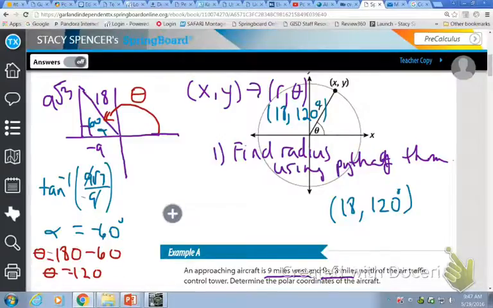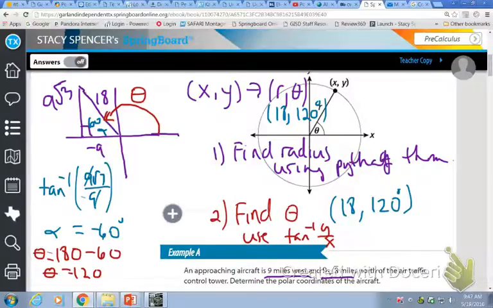So we have our two steps. Our second step was to find our theta. How did we find theta? We used inverse tangent, which is basically y over x, or opposite over adjacent.